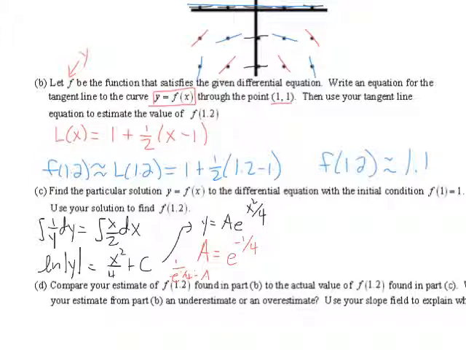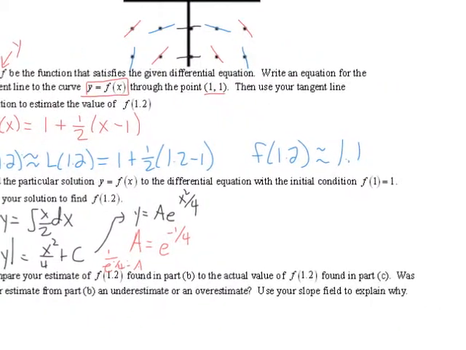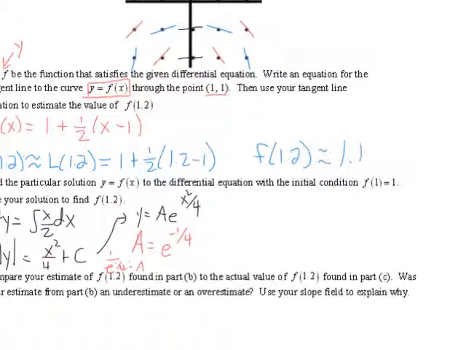So now that we have our a, we can actually write the particular solution. The particular solution to this differential equation is y is equal to e to the negative 1/4 times e to the x squared over 4.